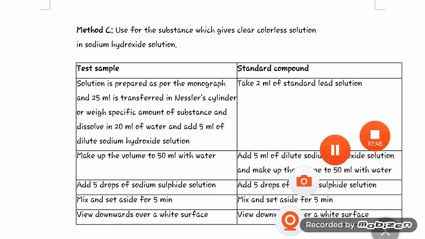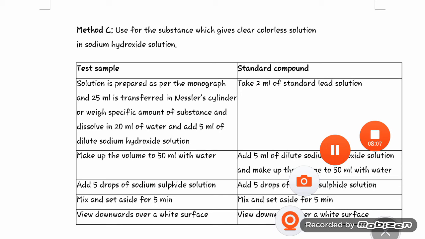And add 5 ml of dilute sodium hydroxide solution in it. Make up the volume to 50 ml with water. Add 5 drops of sodium sulfide solution in the tube. Then mix and set aside for 5 minutes. View downward over a white surface.